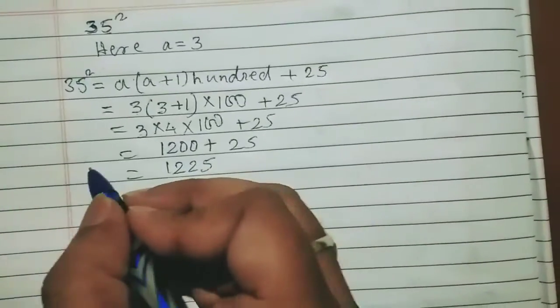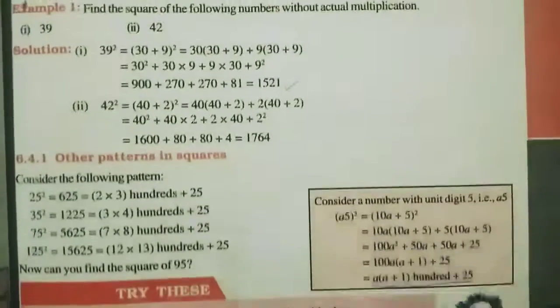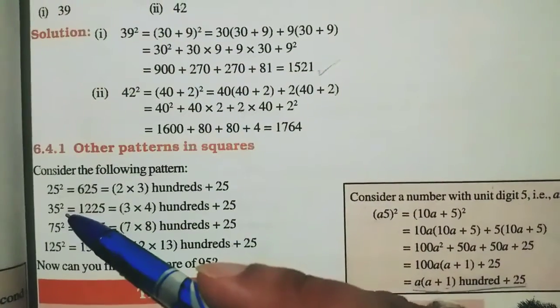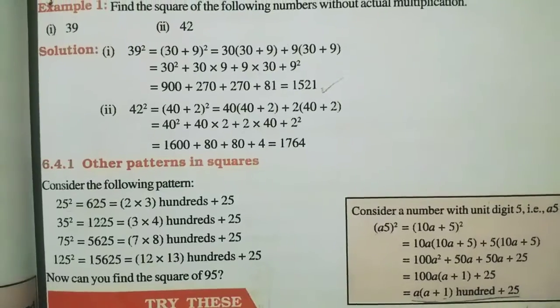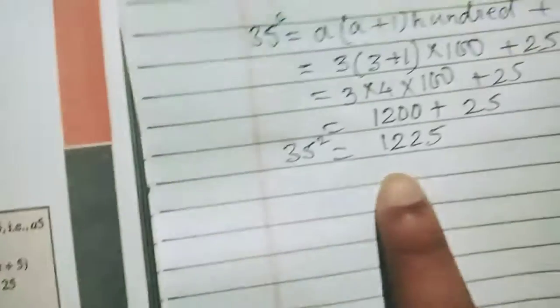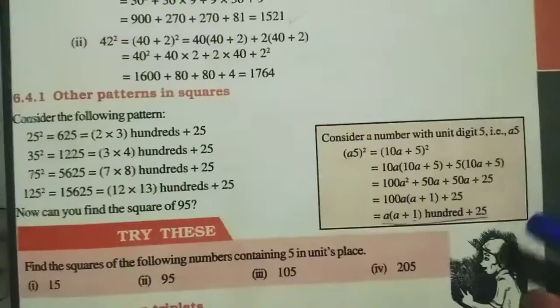So this is the square of 35. Now match the answer. What is given in the book? See here, the answer is given the same. 35 square is 1225, and we have also got the answer 1225. Understood? So in this way it can be solved.